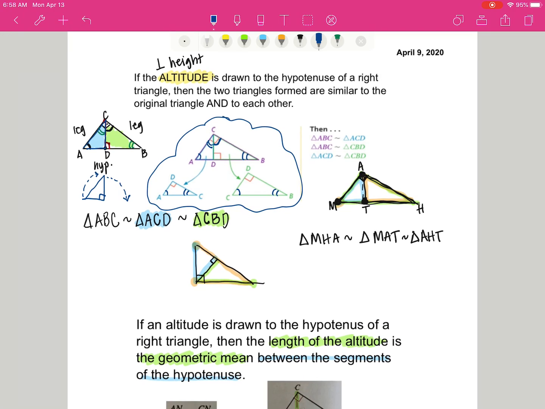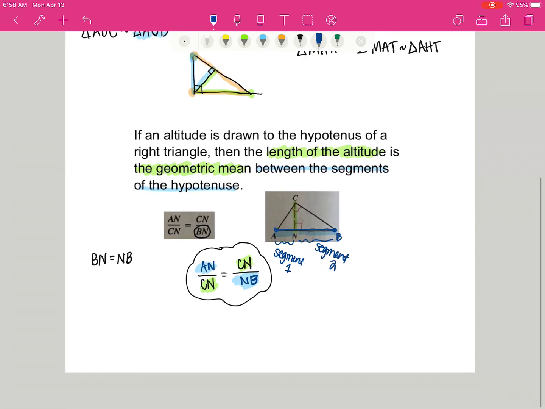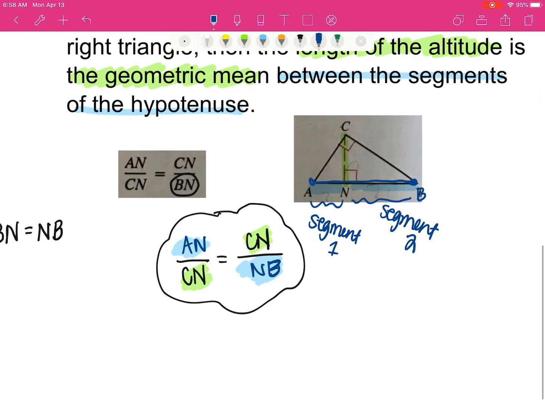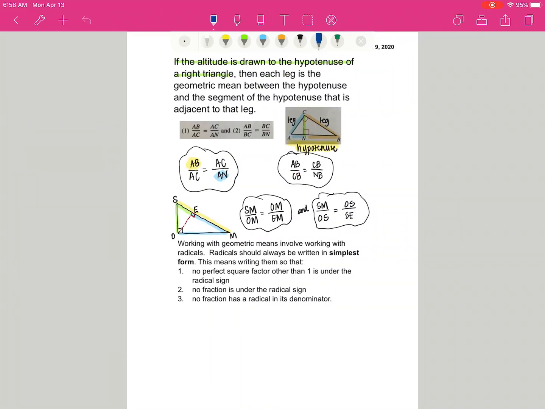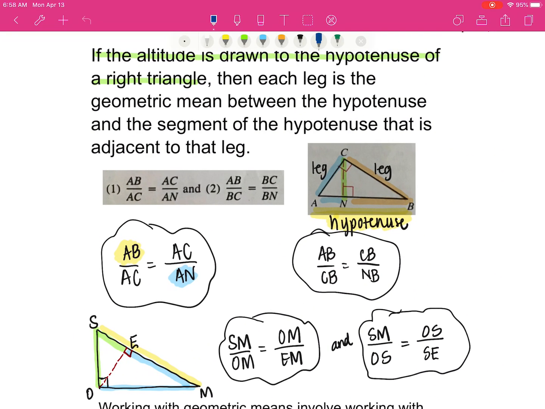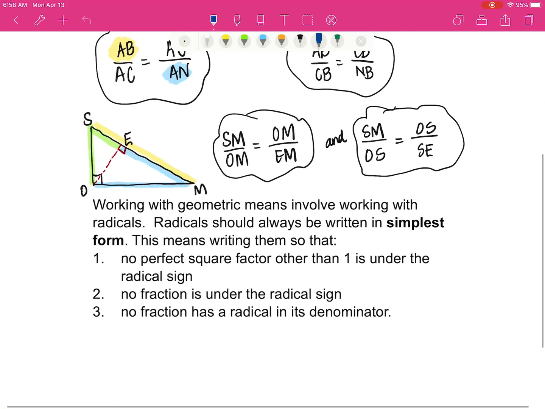And with that practice, you should be able to see it a little bit more clearly. But this proportion, this geometric mean, and this geometric mean, getting those two straight will be very, very helpful. So we're going to now work with some arithmetic.